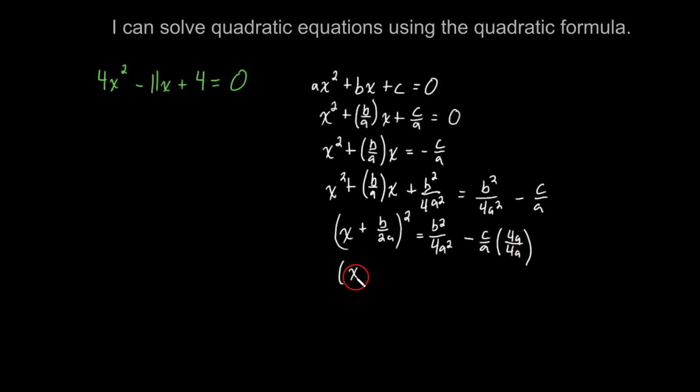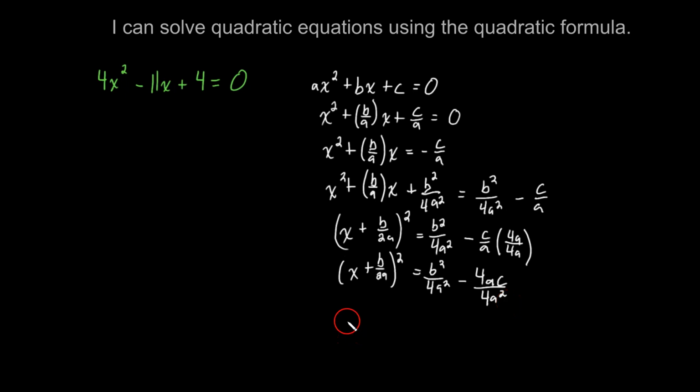The left side wouldn't change at all. We'd still be left with x plus b over 2a, that quantity squared, equals b squared over 4a squared minus 4a times c over 4a squared, since a times a is a squared. Now I can go ahead and add the right side.